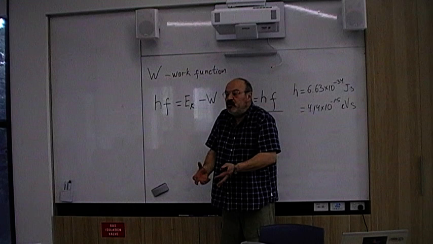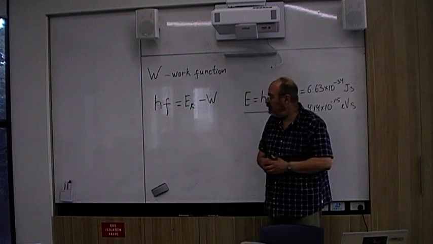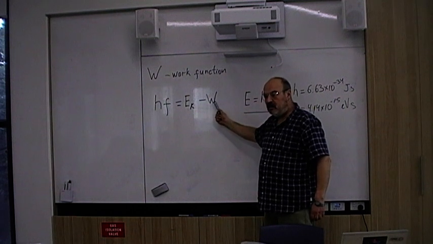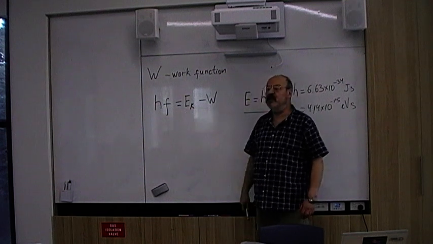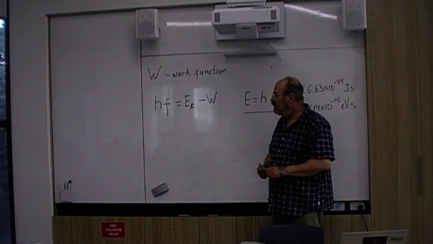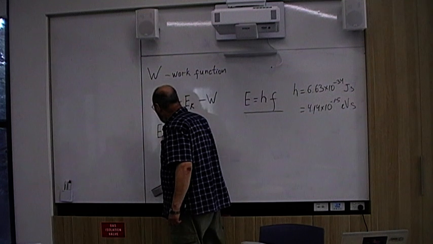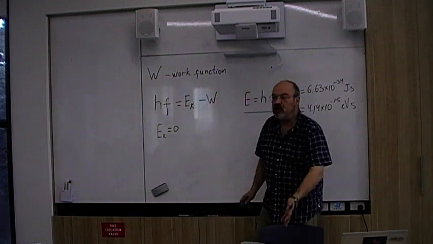And when the electron absorbs that photon, what happens with that energy? Some of it is used to overcome the work function, just to get out. What's left is kinetic energy. So if we have kinetic energy 0, we just get the electron out, without anything extra.